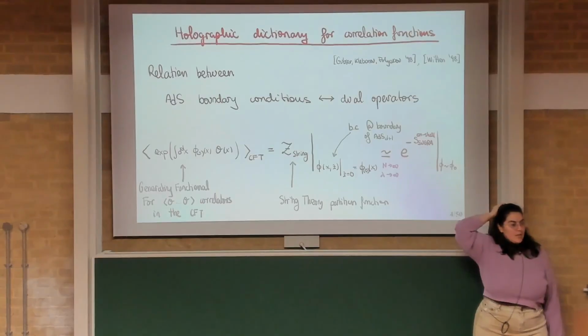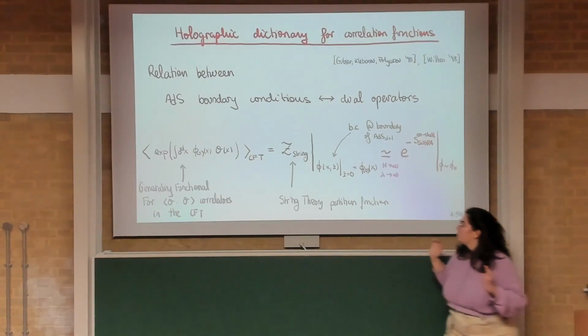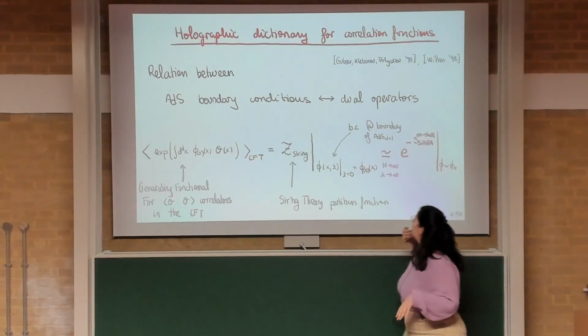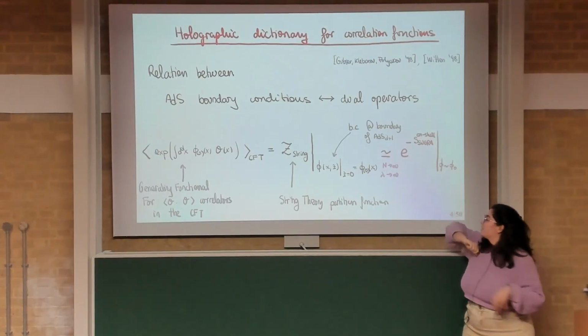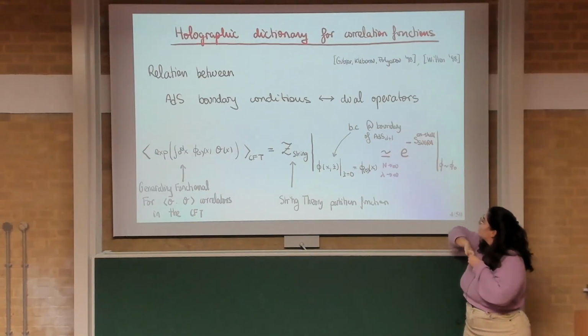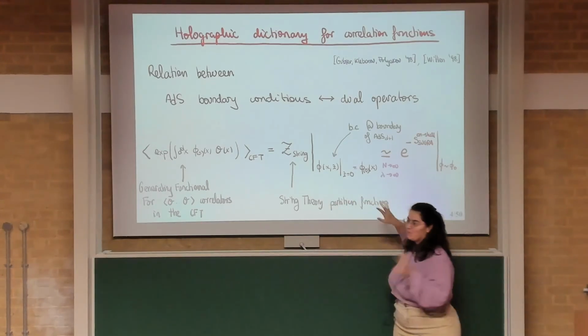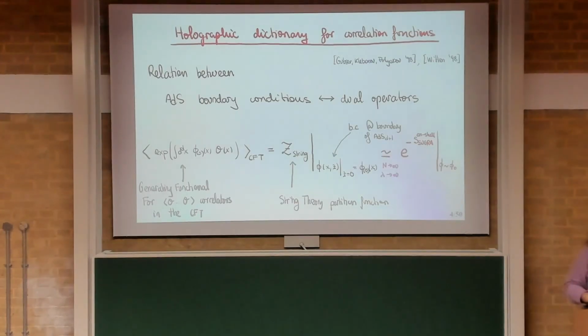What we know is that the holographic duality gives us a prescription to compute correlation functions in the conformal field theory from the on-shell gravity action. I wrote here the string theory partition function, whatever this means, but I will not discuss that at all.